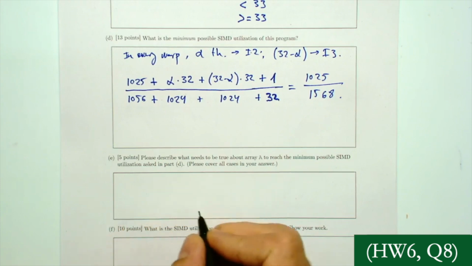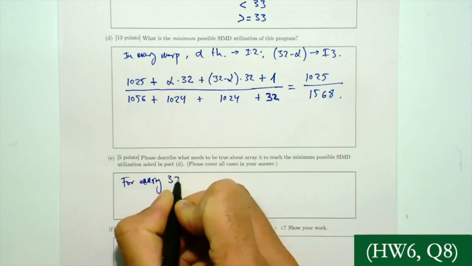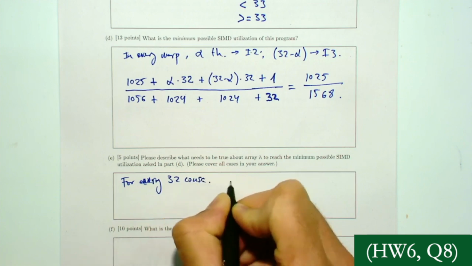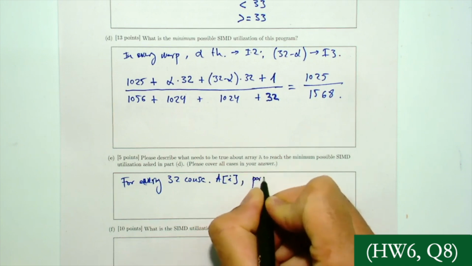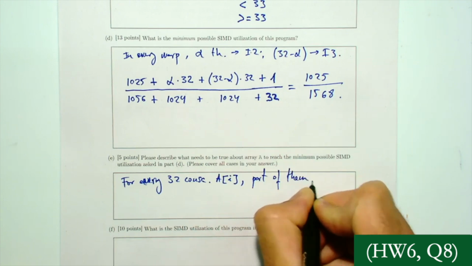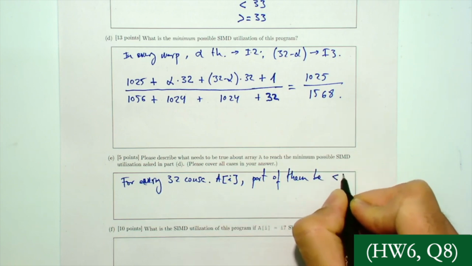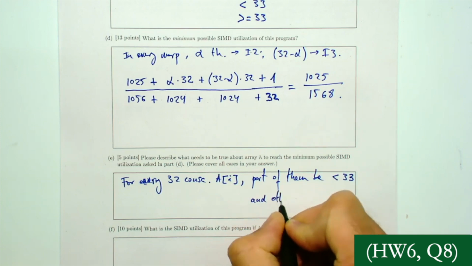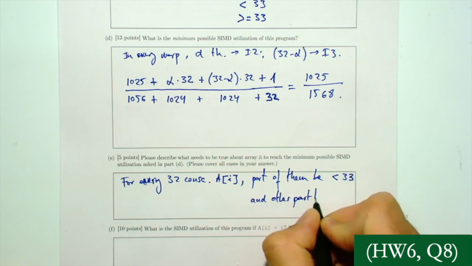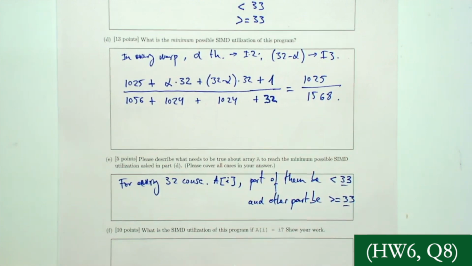So for every 32 consecutive elements of A, we need part of them to be lower than 33, sorry, I said 32, it is 33, and the other part to be greater or equal to 33.